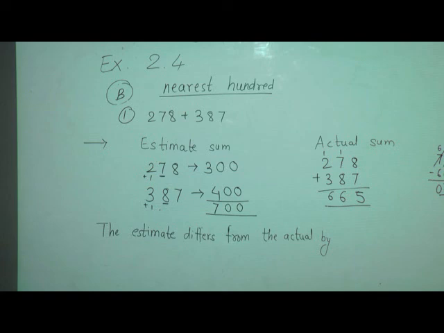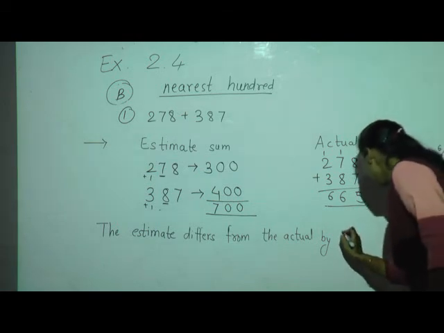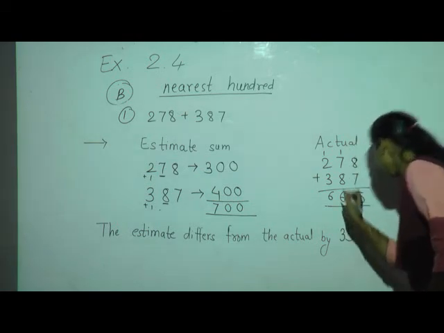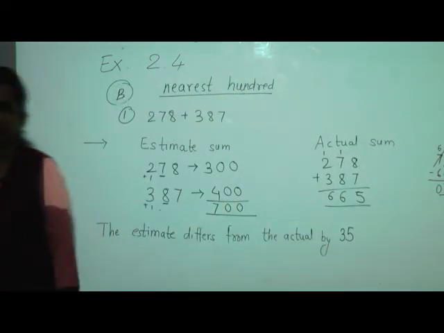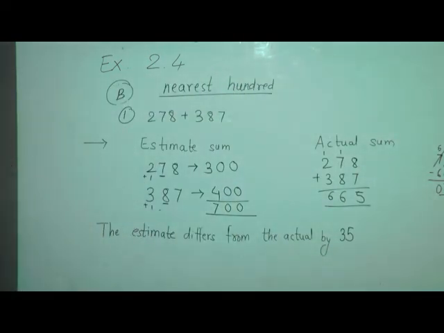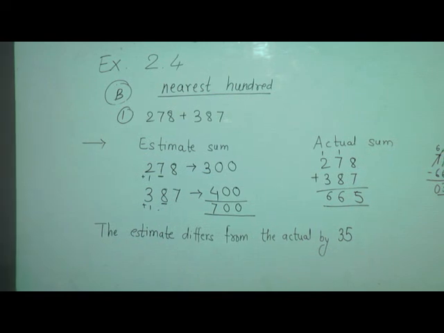So how much difference is there? 35. So the estimate differs from the actual by 35. Understood? Got it till here? Yes, students, clear? Now we will solve the next sum.